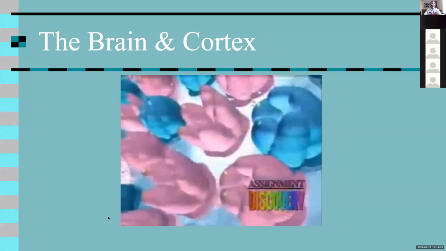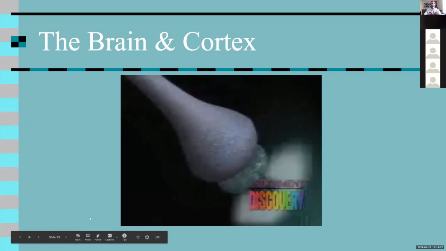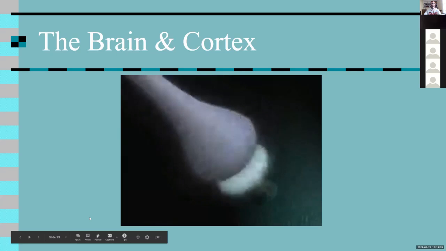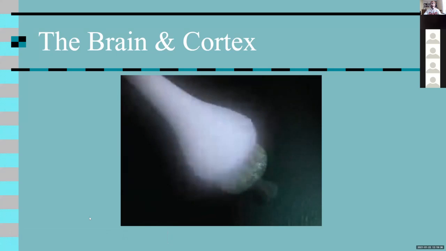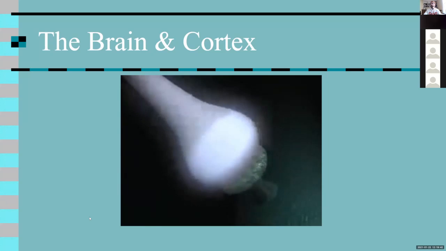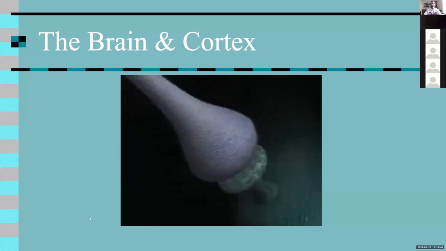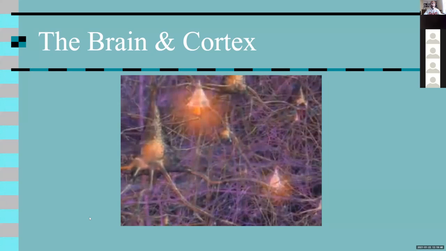When they do, special gates open up. The gates let in a flood of charged particles, sodium and potassium ions, which start up a new electrical signal in the receiving neuron. This simple chain of events, an electrical zap, followed by chemical changes, followed by another electrical zap, is the basis of all brain activity. It's how neurons speak to each other.